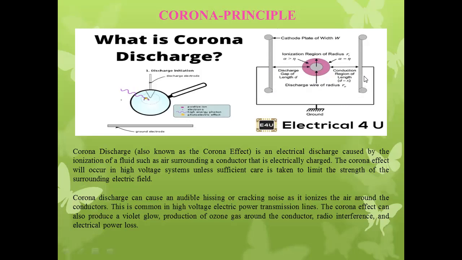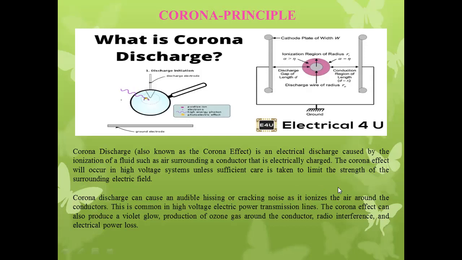Next, corona discharge can cause an audible hissing or cracking noise. The corona effect will occur in a high voltage system unless sufficient care is taken to limit the strength of the surrounding electric field.